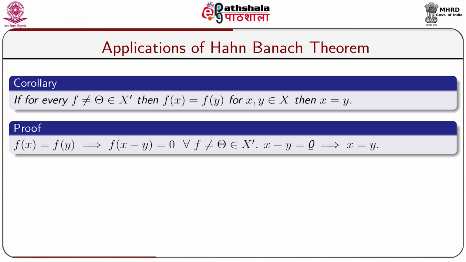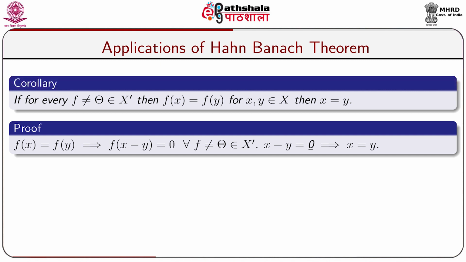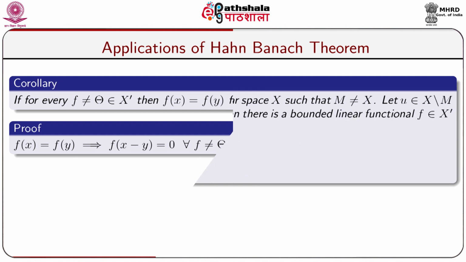So, f of x minus y is equal to 0 for all f belonging to X dash, where f is a bounded non-zero linear functional on X. So, by the earlier corollary, x minus y equals the 0 vector, which implies x is equal to y.